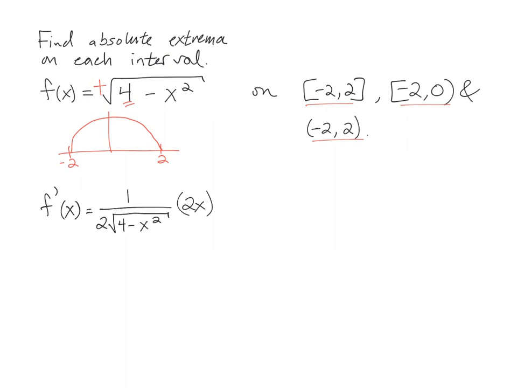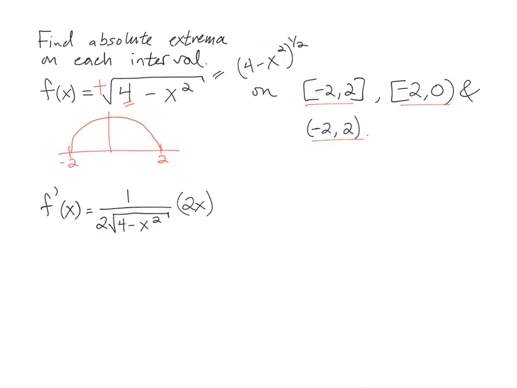All right, here's the derivative. The chain rule, the generalized power rule, was used here because this is equal to 4 minus x squared to the 1/2 power. If you subtract 1 from this exponent, move it to the front, that's where the 1/2 is. Subtract 1, it becomes negative 1/2. This whole expression moves down to the bottom with a 1/2 power.